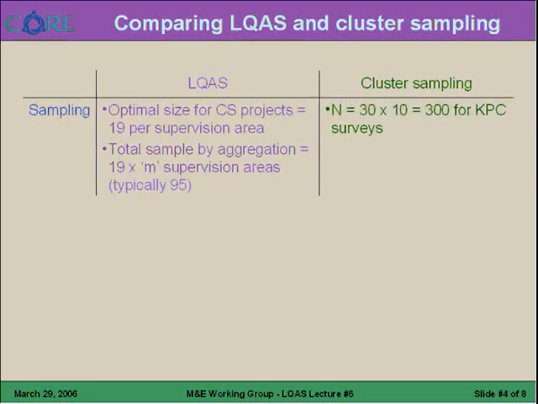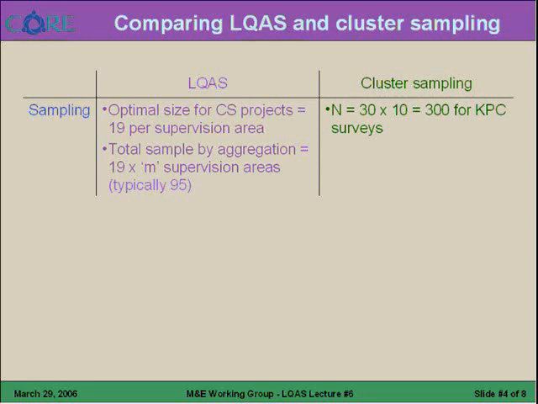In this slide, we compare sampling procedures for LQAS and for cluster sampling. In the typical KPC surveys for child survival projects, we would have a sample of 300 respondents when using the cluster sampling method. In comparison, a typical LQAS survey used for KPC purposes in the child survival projects would have a sample of 95 respondents.